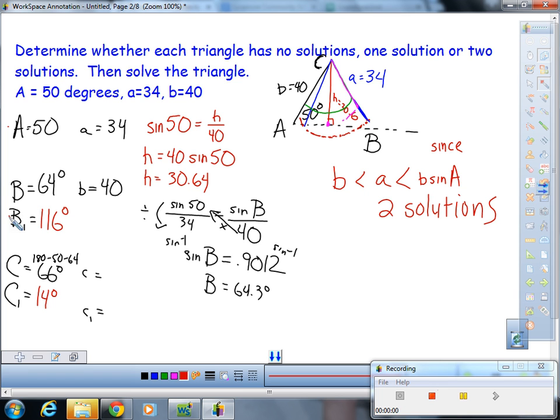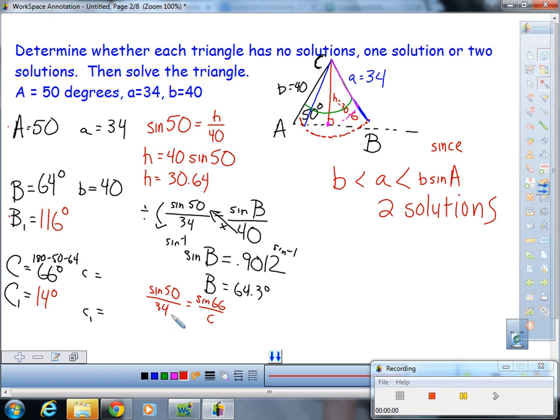Jamin, do it the same way you did last time you volunteered for something. That's fine. You call it whatever you want. Sine of 50 is to 34, like sine of 66 is to little c, not little c1, but little c. Now you can just do this, right? Your calculator.